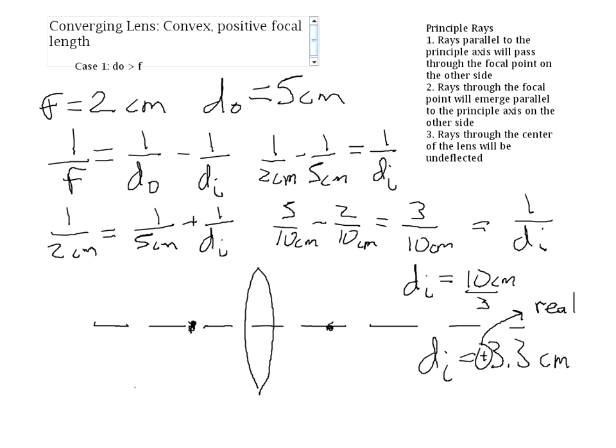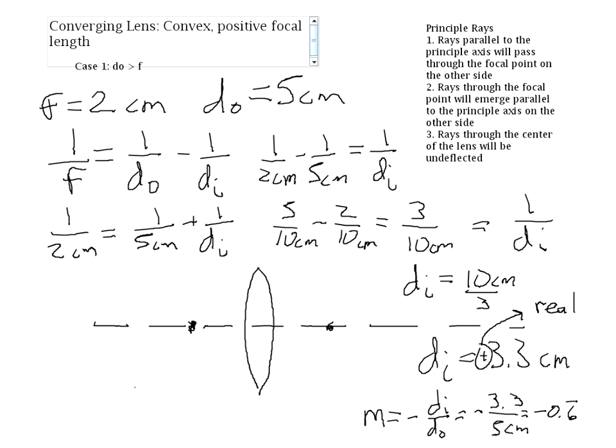Let's find the magnification. The magnification, M, is given by minus di over do. So that's minus 3.3 centimeters over 5 centimeters, and that is a negative 0.66 repeating.